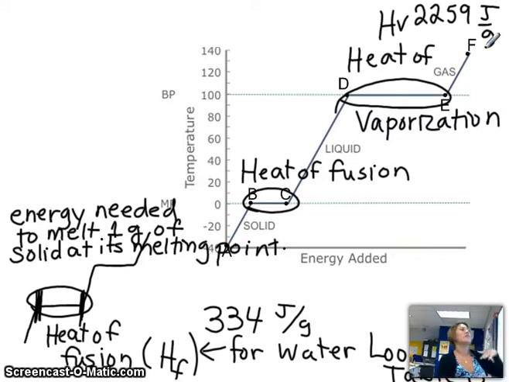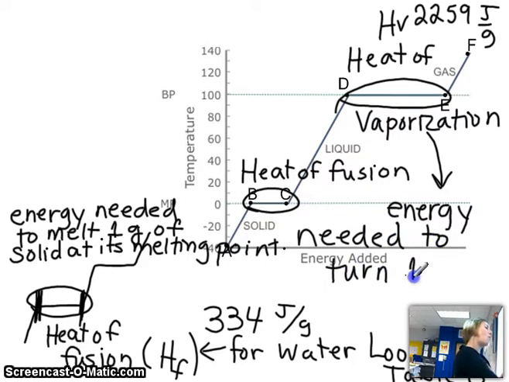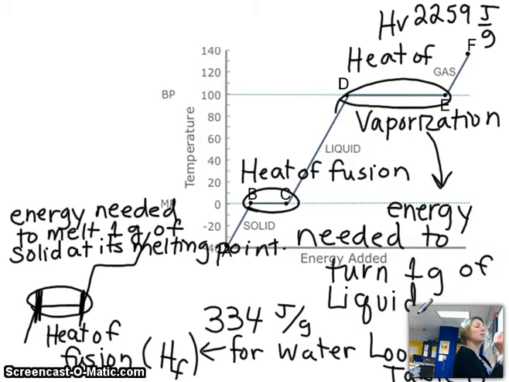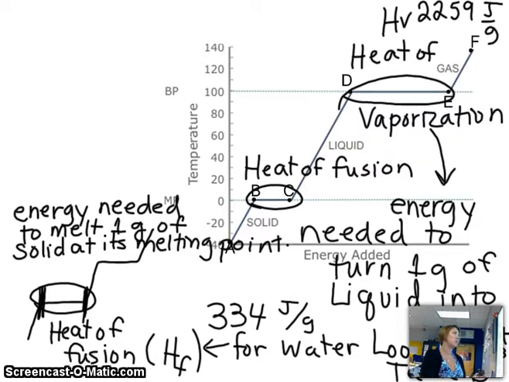So again, heat of vaporization up here is the energy needed to boil, or to turn 1 gram of liquid water into a gas once it's at its boiling point. I'm just going to have to abbreviate that BP.